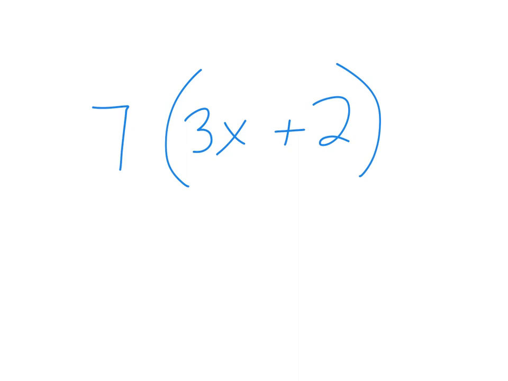Next on the quiz, guys, you are going to come across the applying of the distributive property. So remember the distributive property when we saw something like this. If I had 7 times (3x plus 2), for instance, then I want you to simplify this. I can't really solve this out since it's not equal to anything.